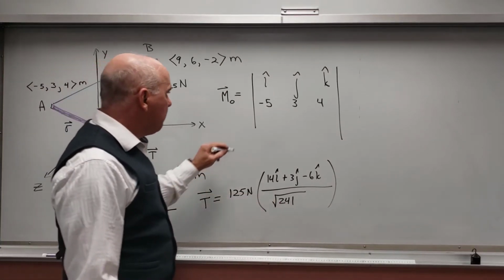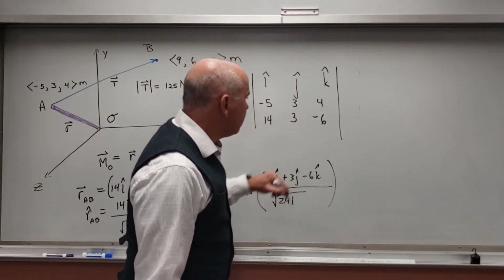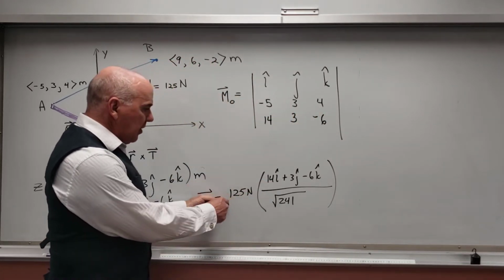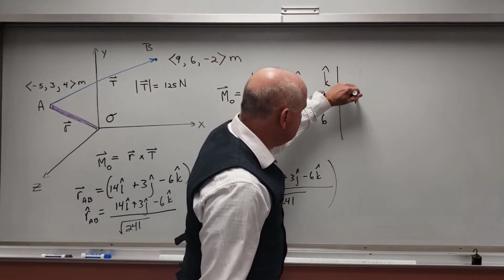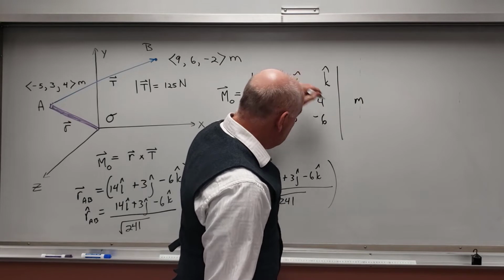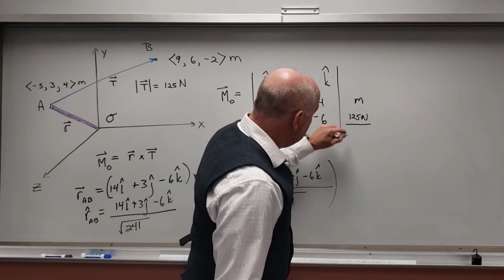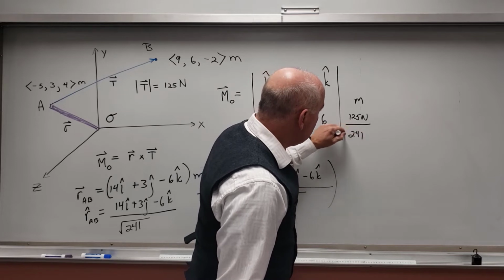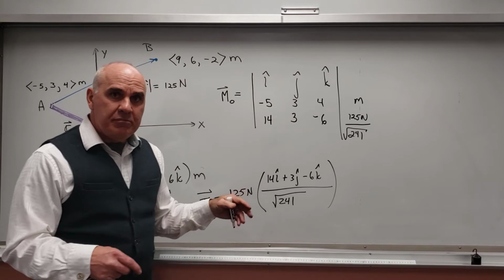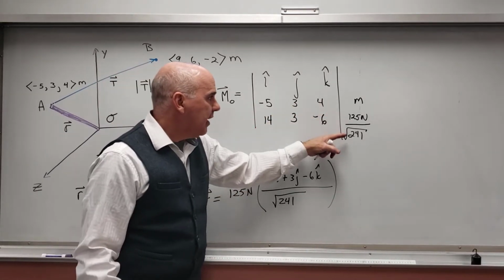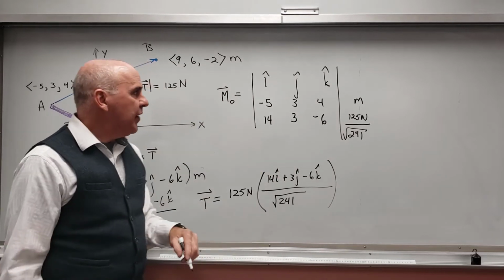And so I'm going to put in 14, 3, and negative 6. And then we have 125 newtons and then the square root of 241. So this is in meters here. And I'm just going to write 125 newtons over the square root of 241, all under the radical there. So that's going to be multiplied by the whole thing. So 125 over radical 241 newton meters will be multiplied by this value.